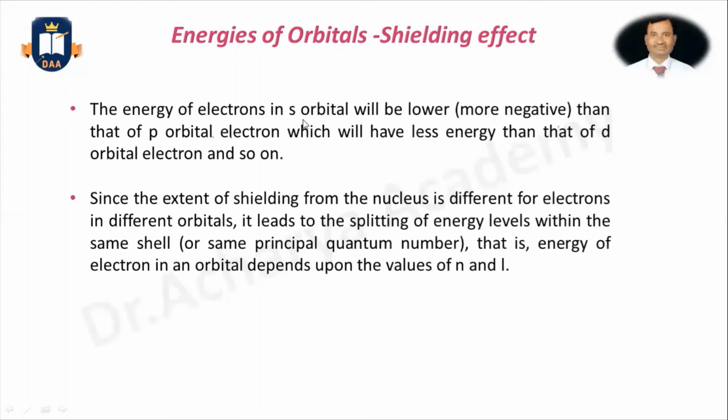Energy of electrons in s orbitals will be lower, that is more negative, because we know that the s orbital is in ground state.